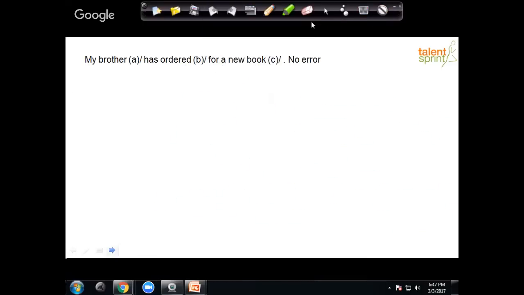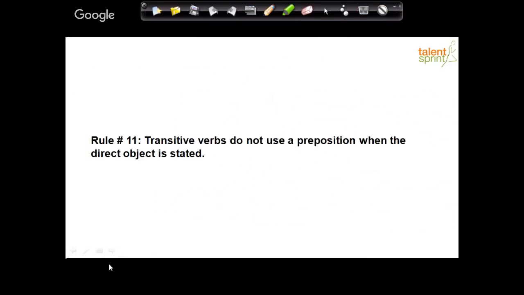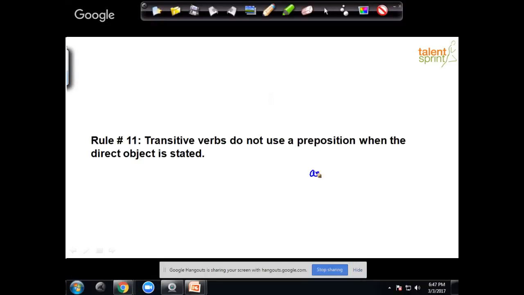The rule: transitive verbs do not use a preposition when the direct object is stated. A lot of transitive verbs, just to give you examples: admire, maintained, loved, and we looked at 2 more, answered, evaluated. In our context, ordered.